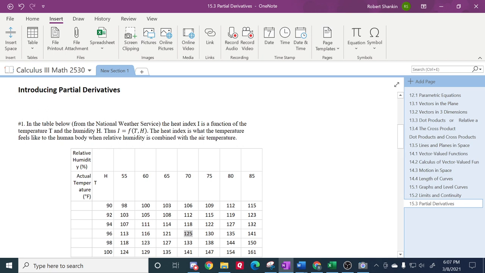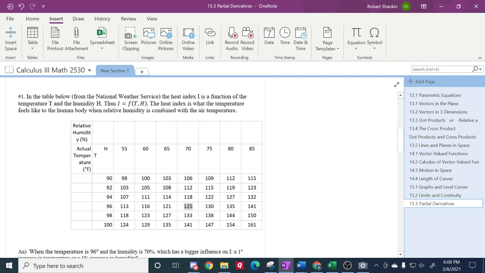If you didn't have air conditioning, you were really uncomfortable. So when you put the temperature and the humidity together, you get something that gives you a better picture of how intolerable it is. And this is the heat index: what the temperature feels like to a human body when the relative humidity is combined with the air temperature.